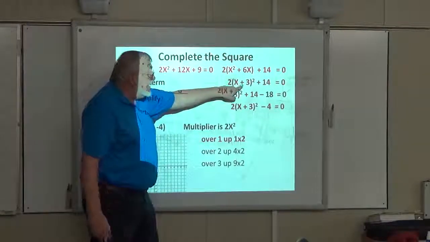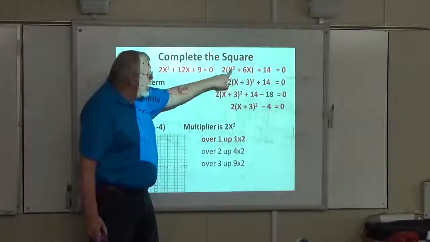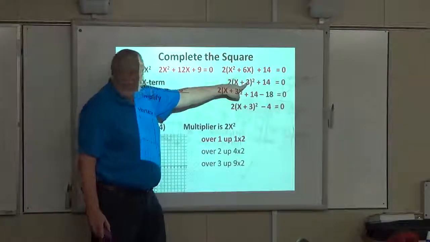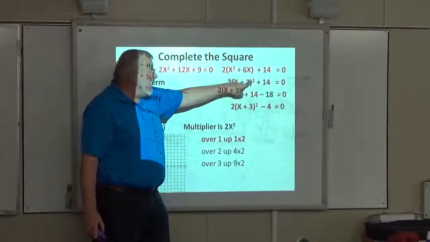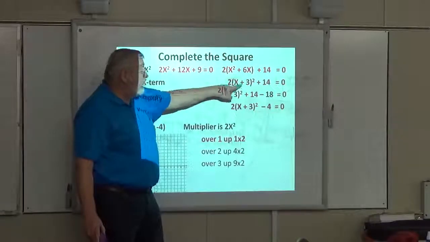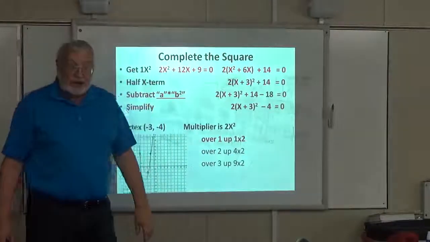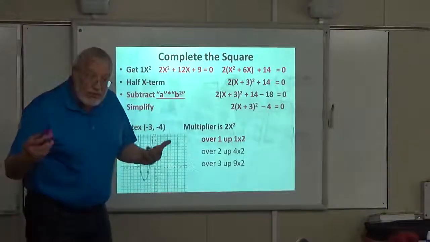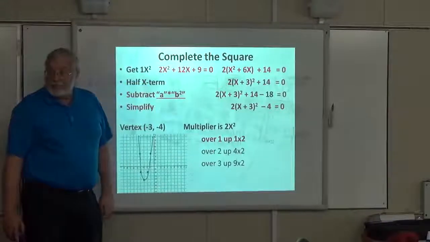This has 3 terms: an x squared, a 6x, and it also has a 3 squared, 9. So I've added 9 times 2, I've added 18. If I don't subtract 18, I've changed the problem. That's the only thing you've got to understand when it's that value.